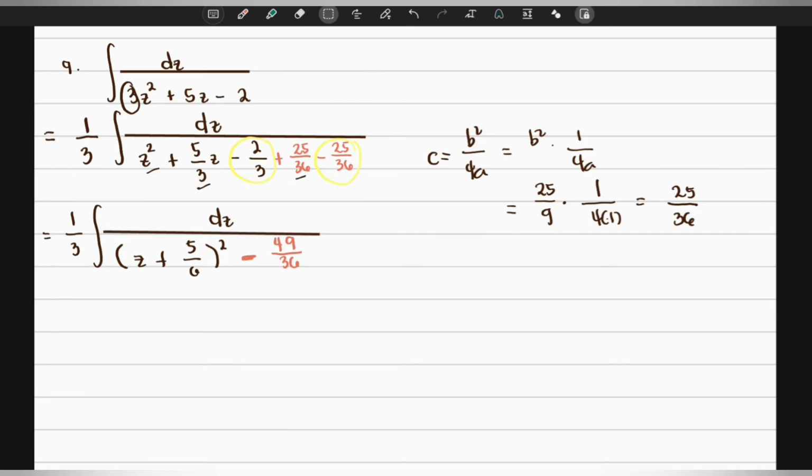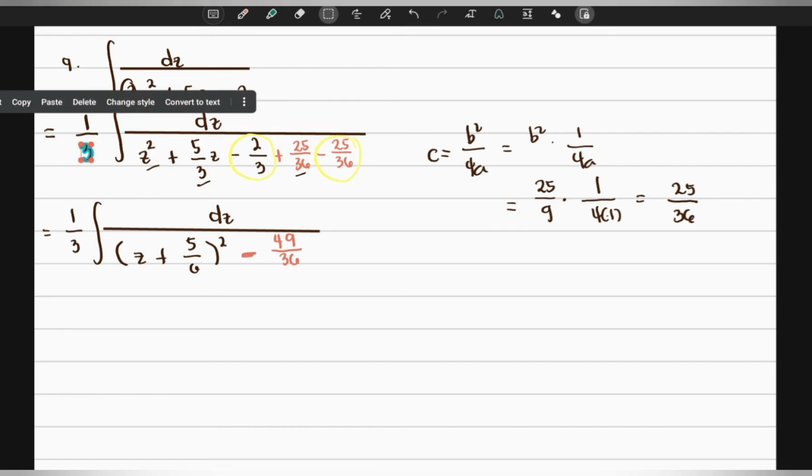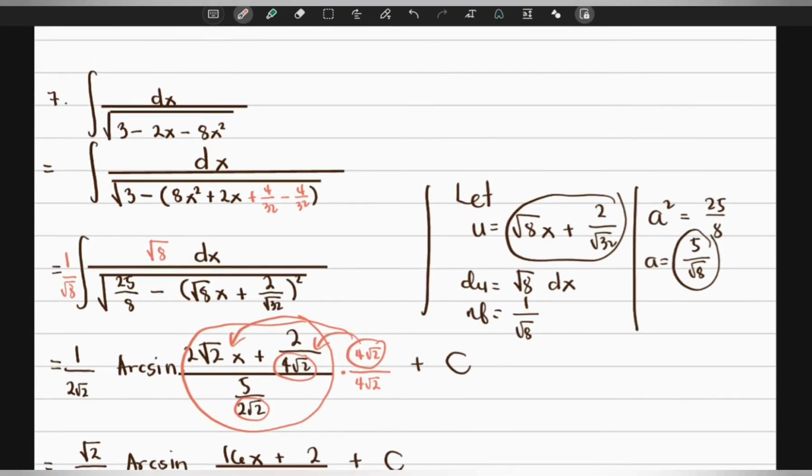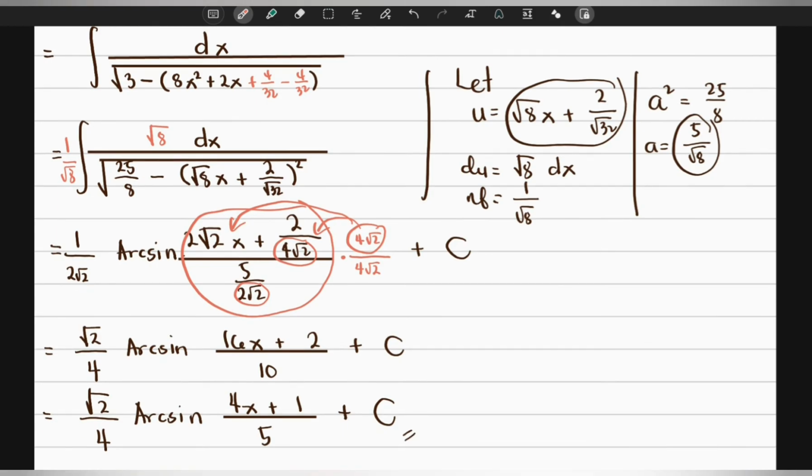There you go. Simple, advantage pa nung ginawa natin na paglabas ng 3 dito ay 1 na lang yung magiging value, at pag kinuha mo yung differential niyan, dz na lang. Hindi na tayo magkakaroon ng neutralizing factor kagaya nung dito sa number 7 na meron tayong NF.